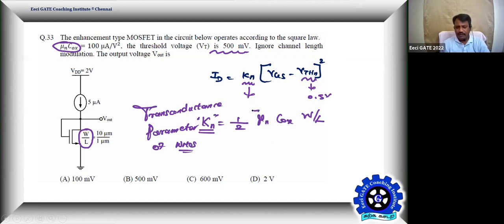So now mu n Cox is given, W by L is given. First, you need to understand what is mu n. Kn is nothing but half of mu n into Cox into W by L. Where mu n, our NMOS is made up of what channel? The channel is made up of what material? N material.